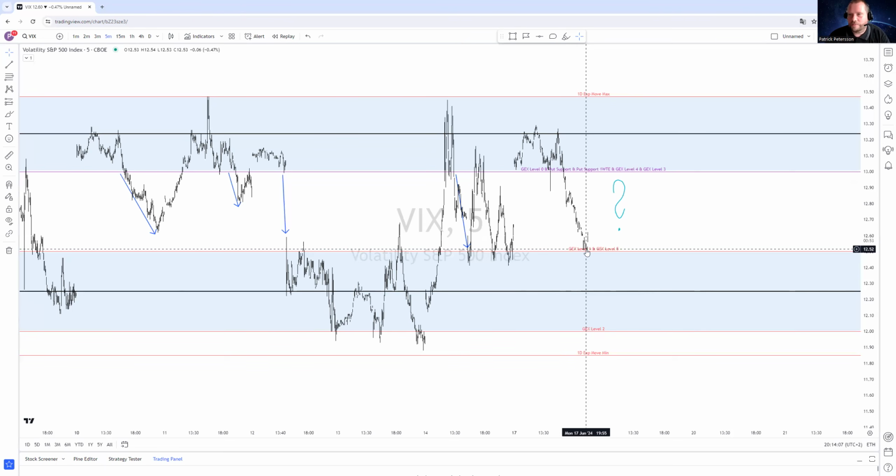If we understand the concept of how to read the VIX in a really simple way, whoo, it becomes so powerful. Don't overcomplicate it. Easy stuff.